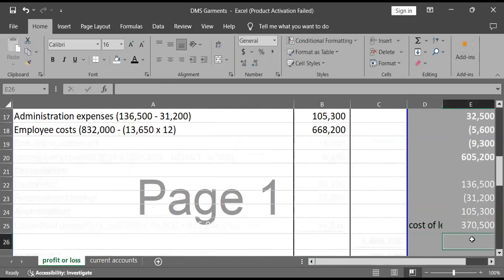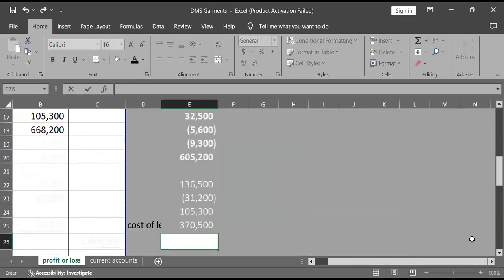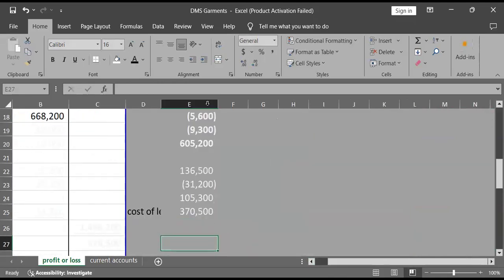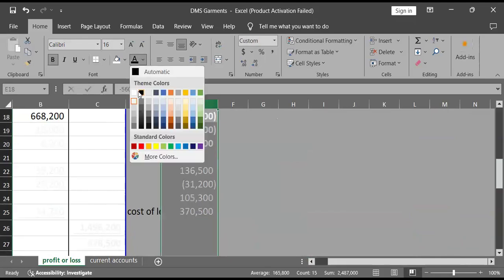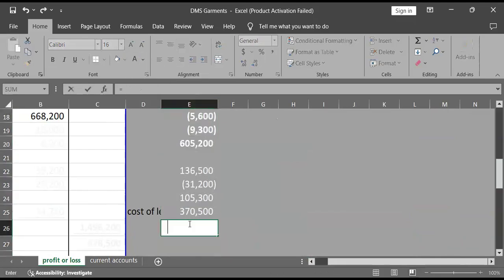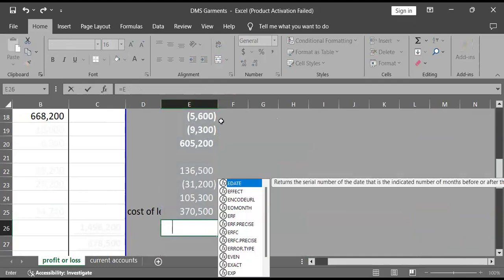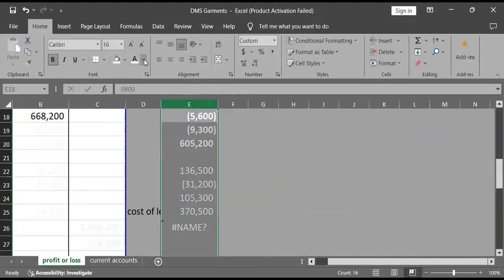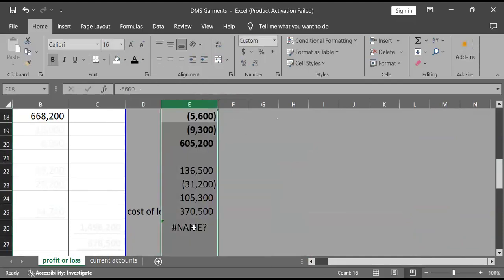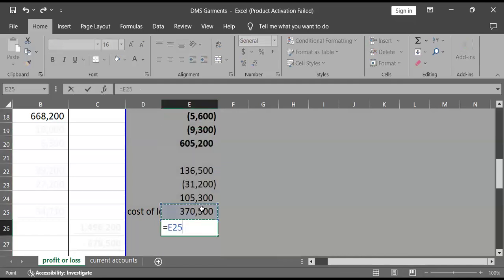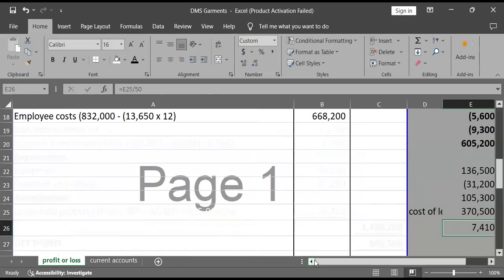And so when we amortize this total cost, I'm going to get the cost of the lease, divide by the 50 years, that is the useful life of the lease. And that means that each year we will be spending 7,400 as the amortization value of the lease.